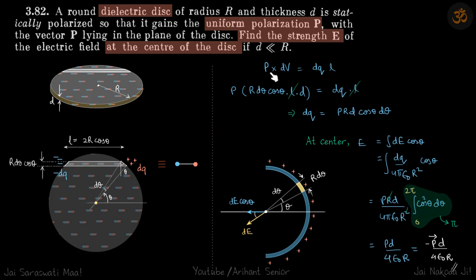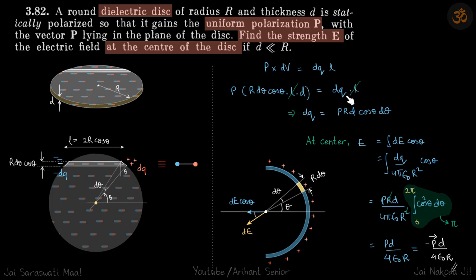So let's do our calculation now. So P into dV, so if we replace this with an equivalent dipole which has a charge dq here and minus dq here, then P into dV, the dipole moment of this strip, is equal to dq into L, which is 2r cos theta.